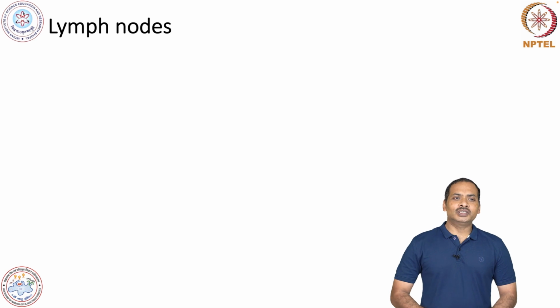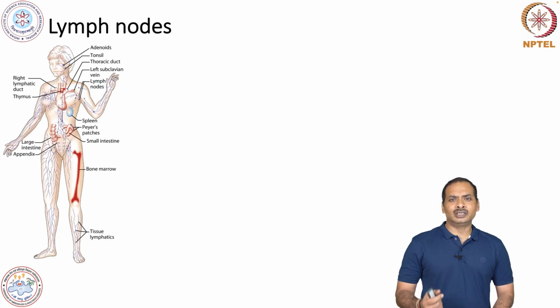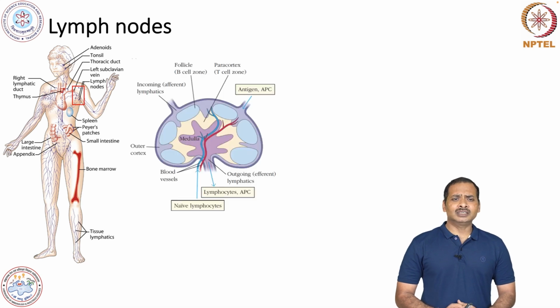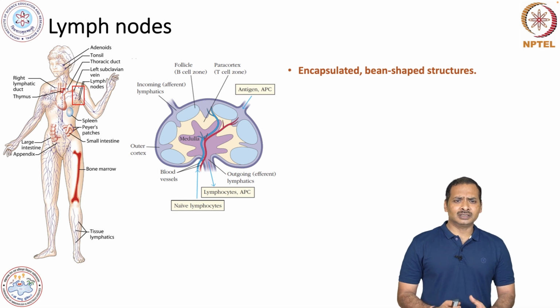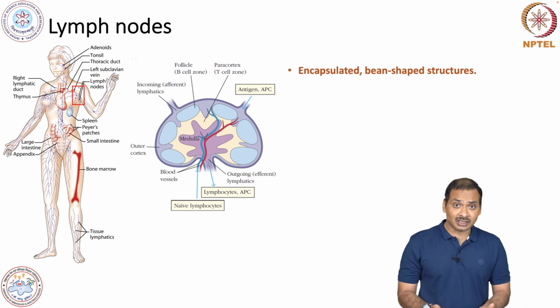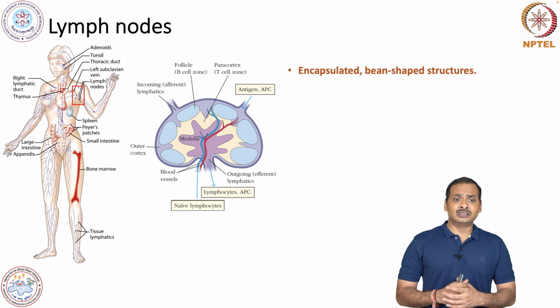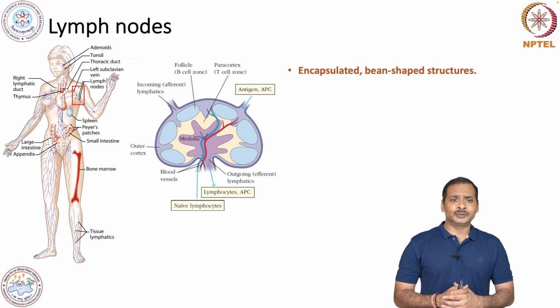Lymph nodes are basically bean shaped structures, present throughout the body. Here you can see one in one part of the body. It is an encapsulated structure consisting of various components.